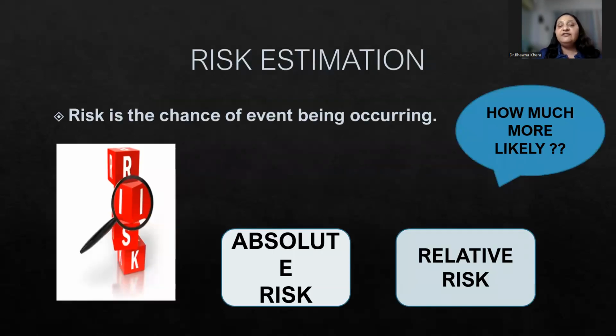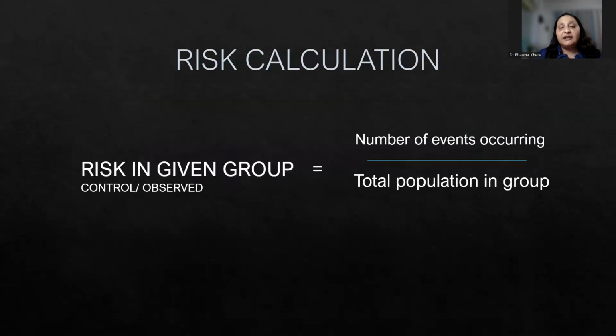How do we define this? We have three things to define. One is how much is the risk. Another is what is absolute risk. And the third thing which we are going to talk about is relative risk. How do these three things differ? So risk calculation. How do you calculate risk? Risk in a given group.